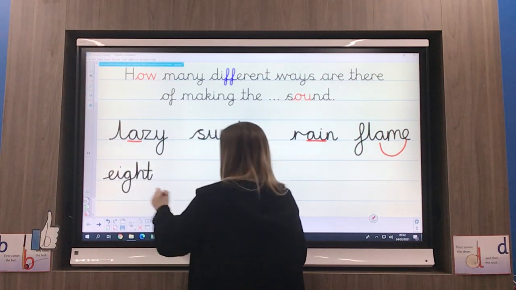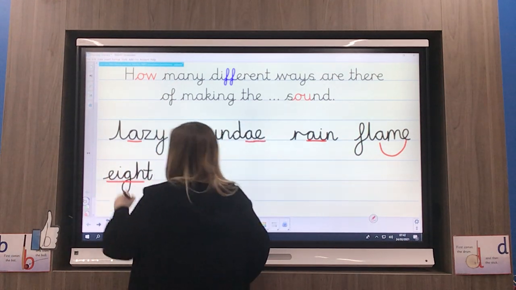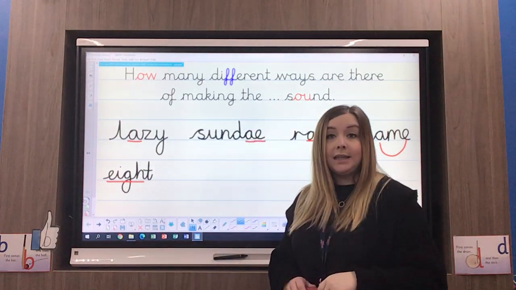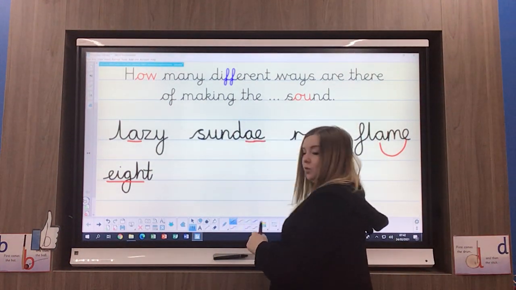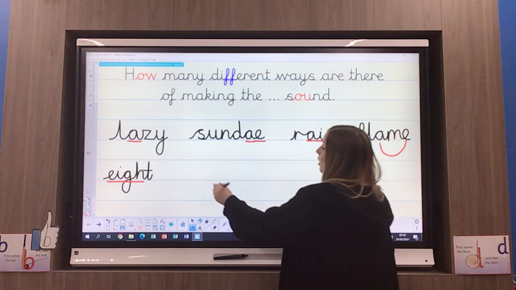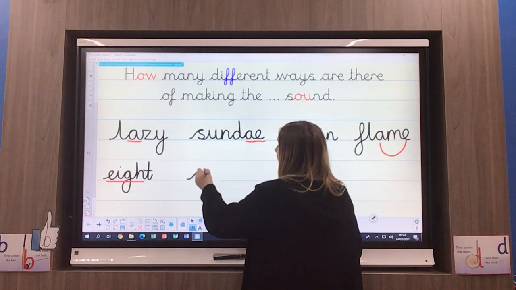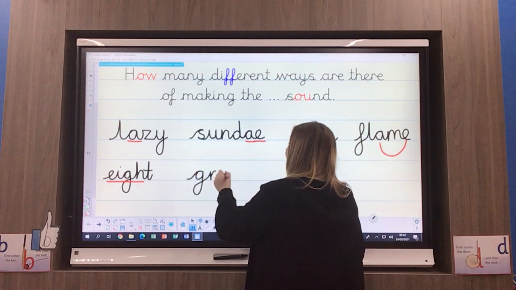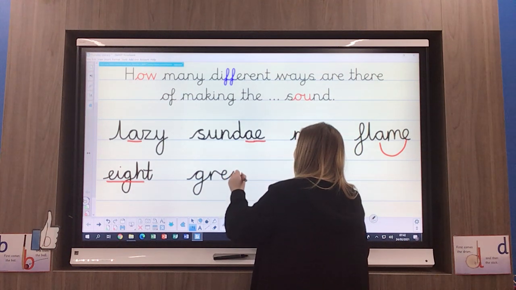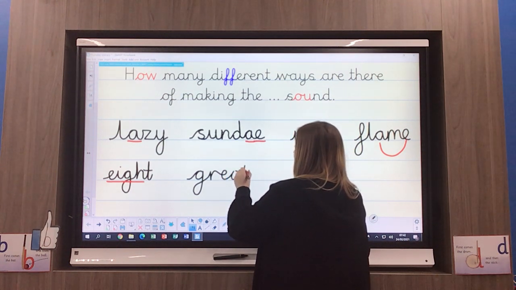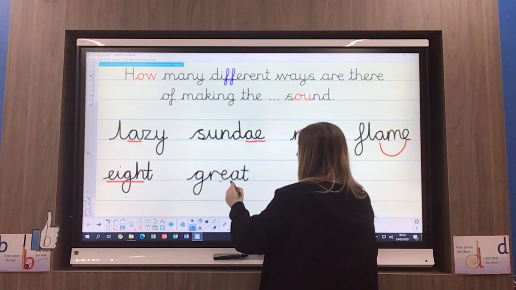So to make our A sound, we've got 4 letters there, year 4, 4 letters. And we've got great. Again, we're good at using this A sound as well.